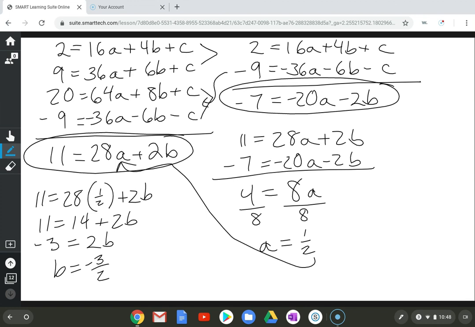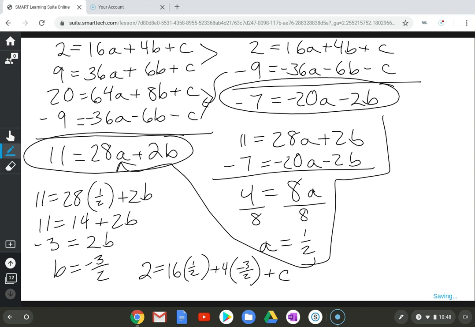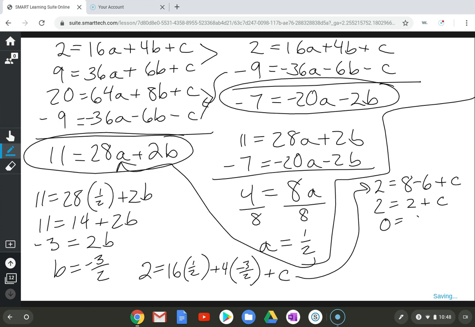So I'm going to do 2 equals 16 times 1/2 plus 4 times negative 3/2 plus c. And I'm running out of space, but we can do this. I'm going to move this up here. Try and write small. So 2 equals 8 minus 6 plus c. Okay. So I get 2 equals 2 plus c. Whoa, look at that. That means c is 0.